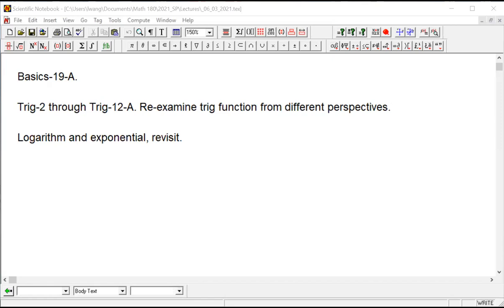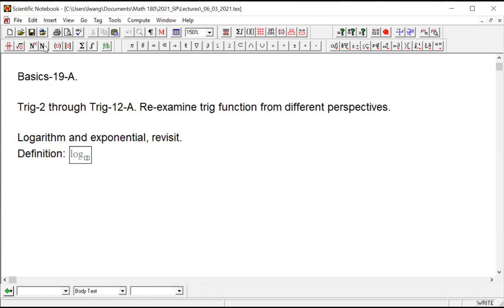It's just a description of certain operations. All right, revisiting logarithm and exponential, of course, we got some more: the product rule, quotient rule, power rule, change of base formula, and all of that stuff, right? From the definition, we should know the definition very well, right?